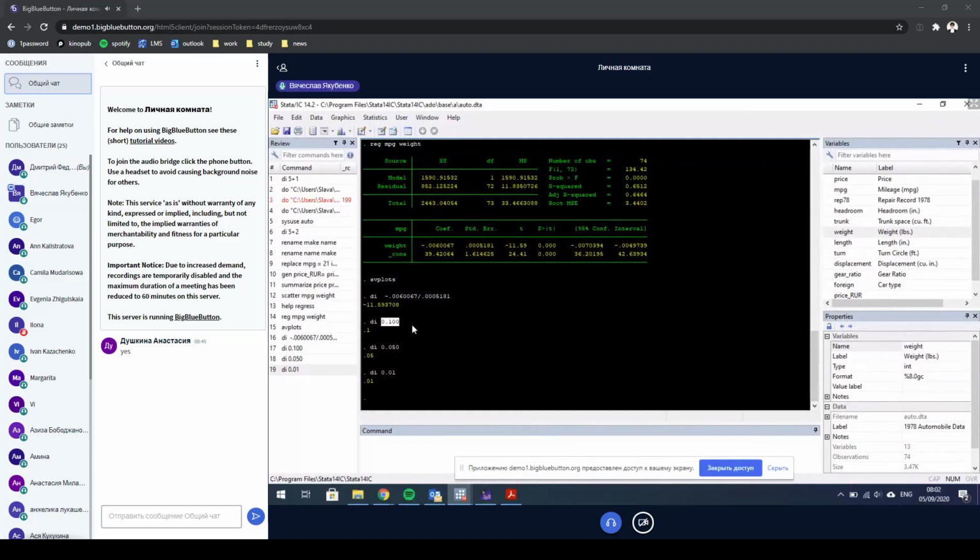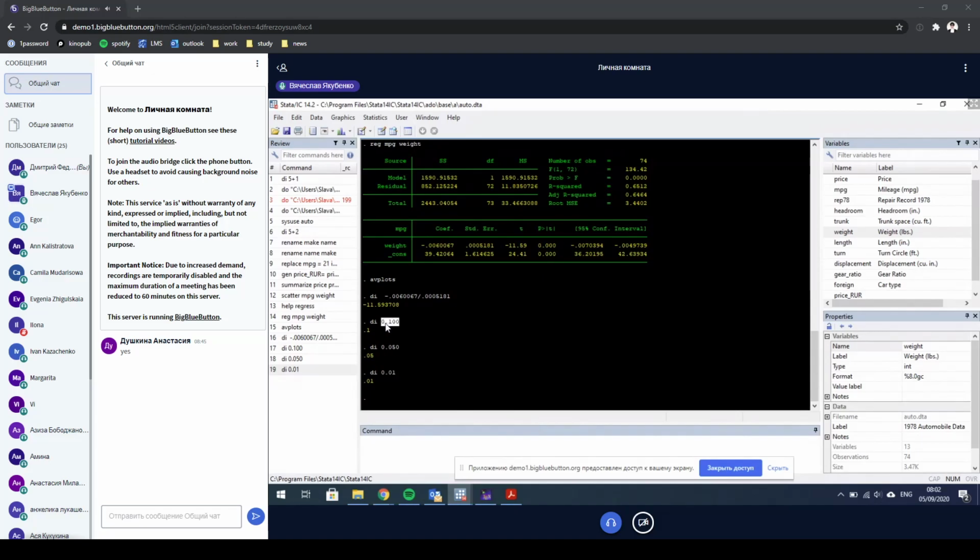Meaning that for everything that has a p-value bigger than that, the coefficient is officially not significant. So if the probability of making a mistake is more than 10%, we cannot reject the null.